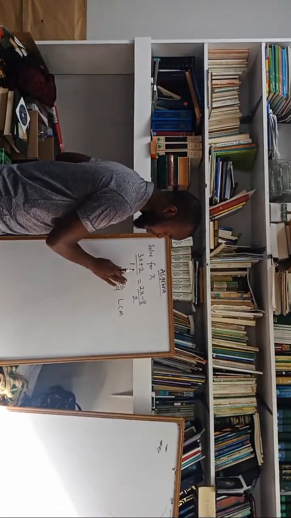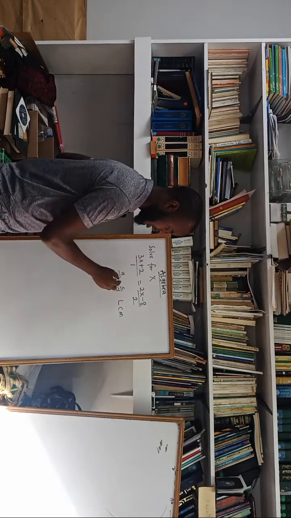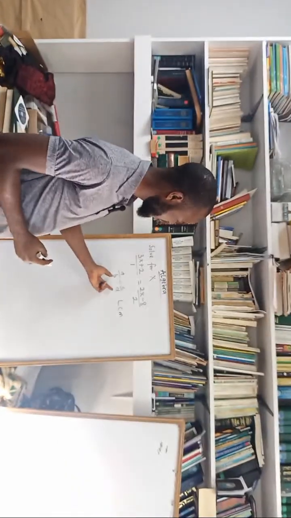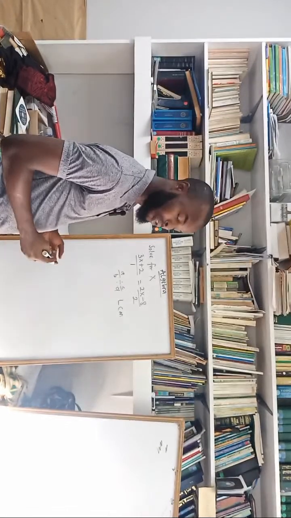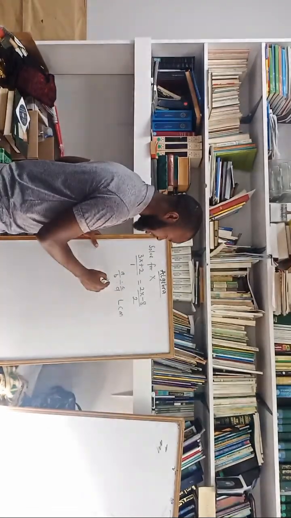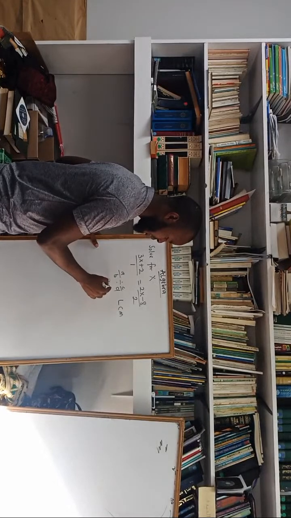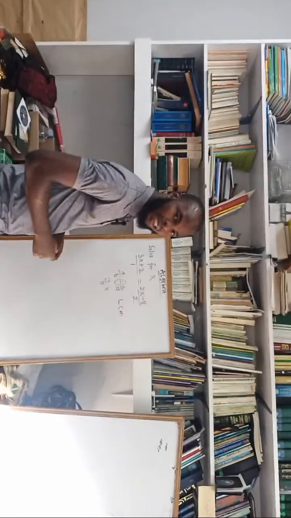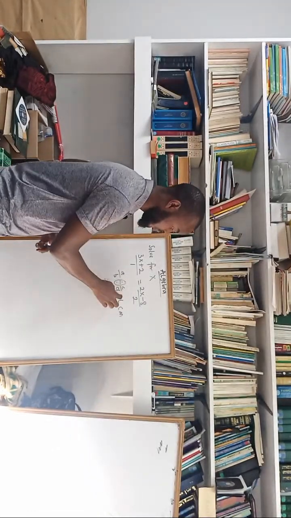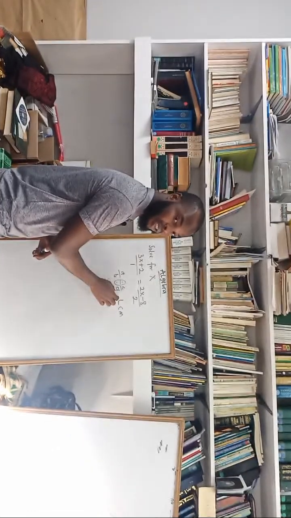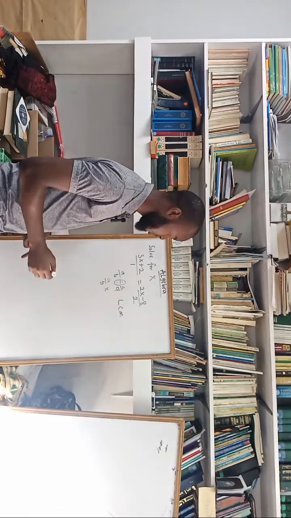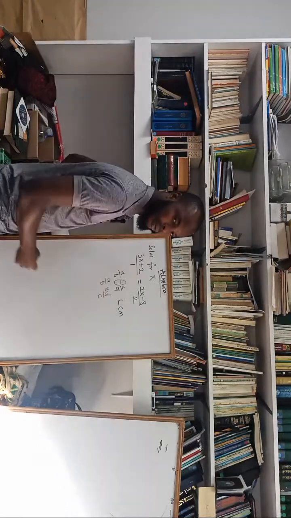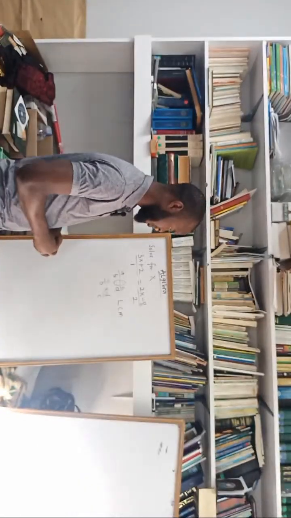And thirdly, if two fractions are separated by a division sign, you can write a over b, change the division sign to multiplication, and find the reciprocal of c over d. The reciprocal of c over d is d over c.